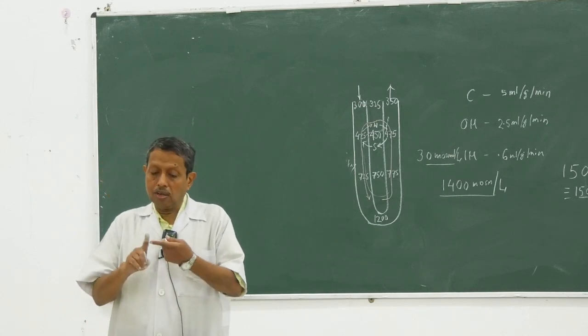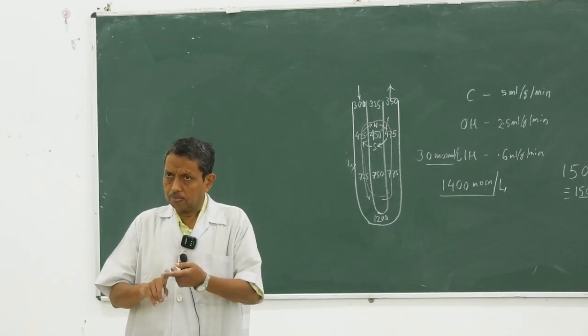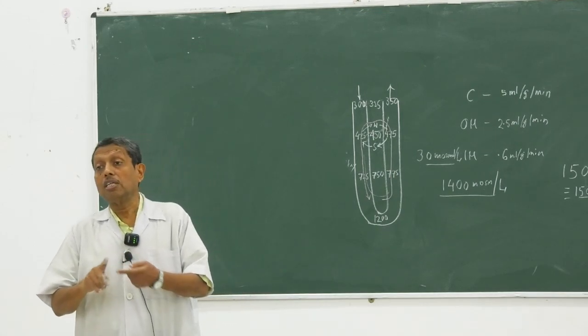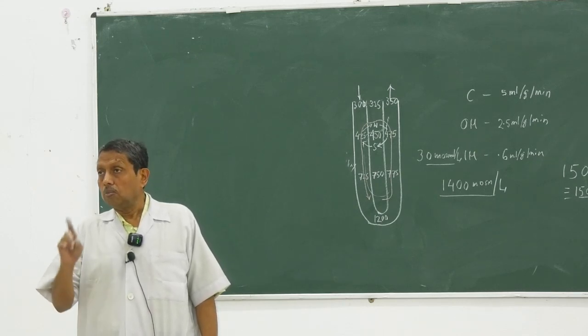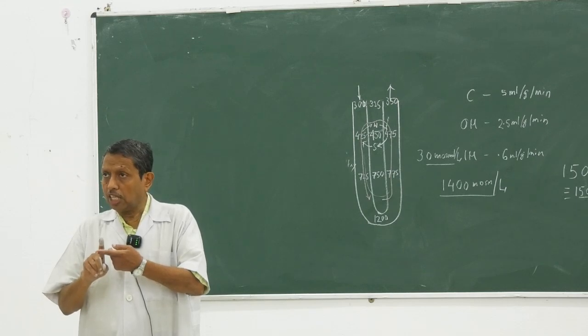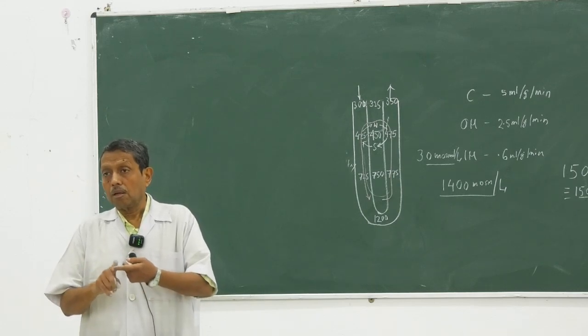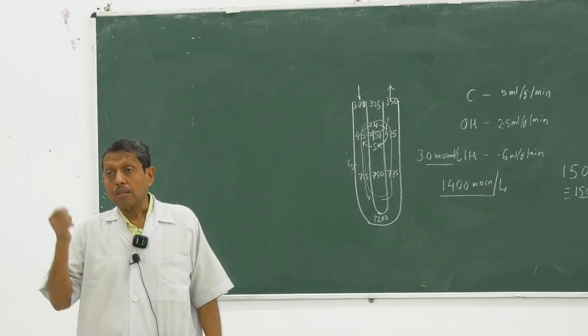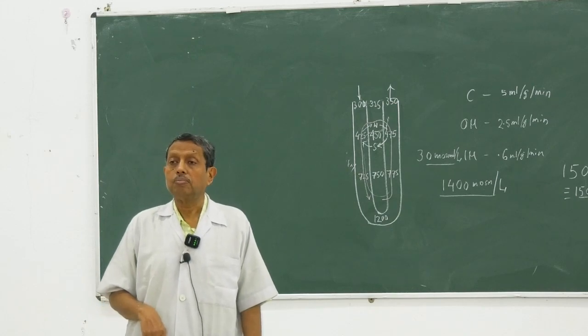Mannitol is only filtered, similar to inulin. It is not reabsorbed. Mannitol is a typical substance that is used clinically. Mannitol is a sugar and, like inulin, it is not reabsorbed.